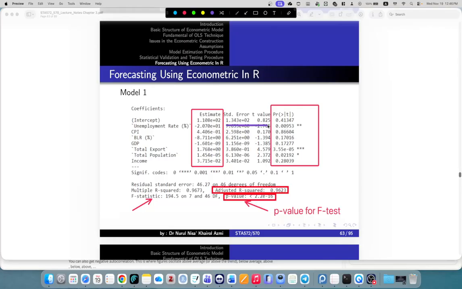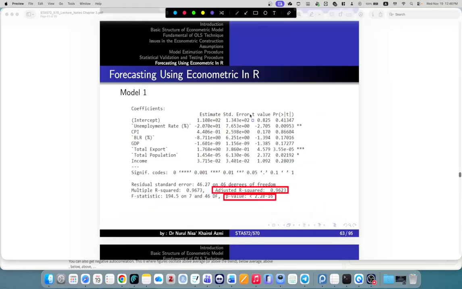So for this particular output, you have this one because it's less than 0.05, and this one, and also this one. Even for this R output, they give you these asterisk symbols, which highlight the significance levels.